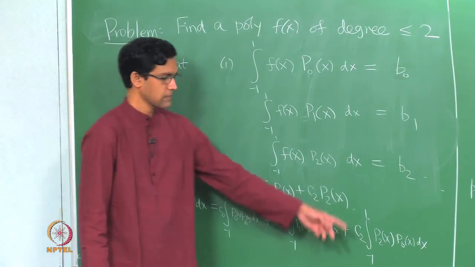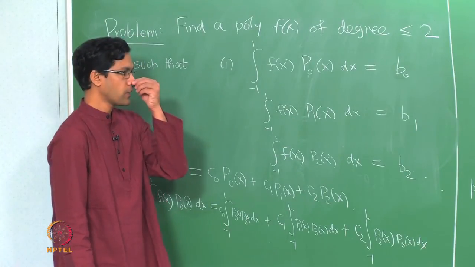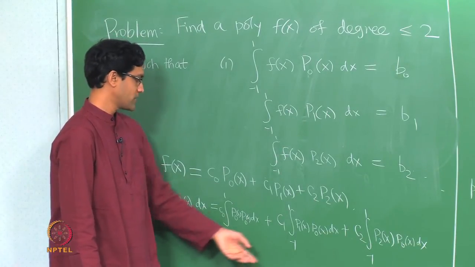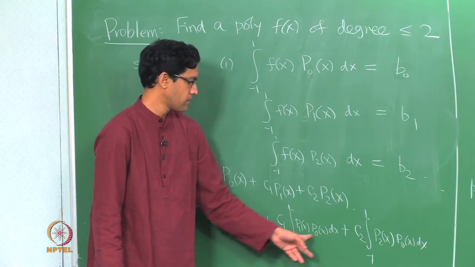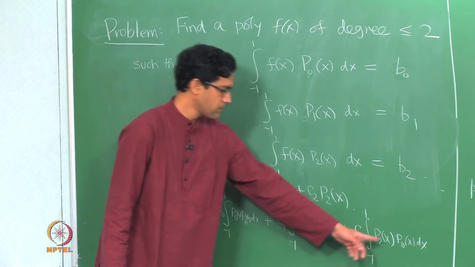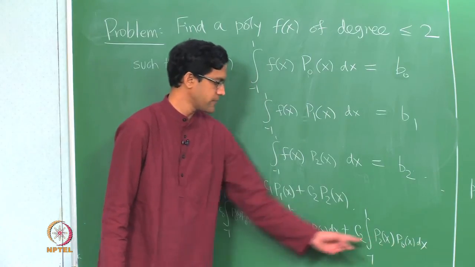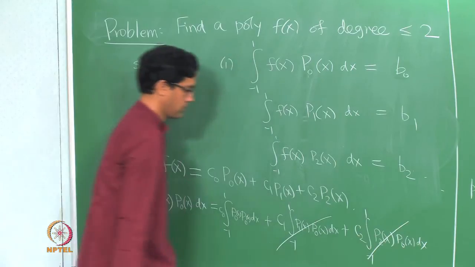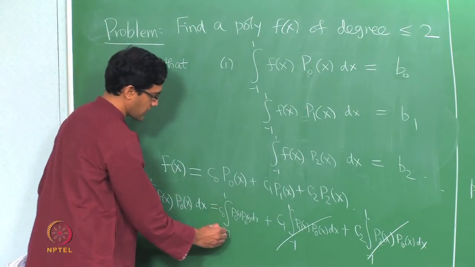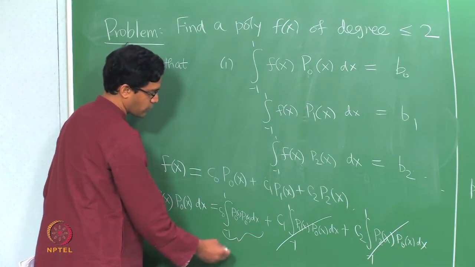And now it becomes clear why this orthogonality is important, because what orthogonality says is that the integral of p1 p0, because these are two different Legendre polynomials, and the integral of p2 p0 would both be 0. So in fact both these integrals are actually 0, and this integral here is some known constant, the integral of p0 with p0.